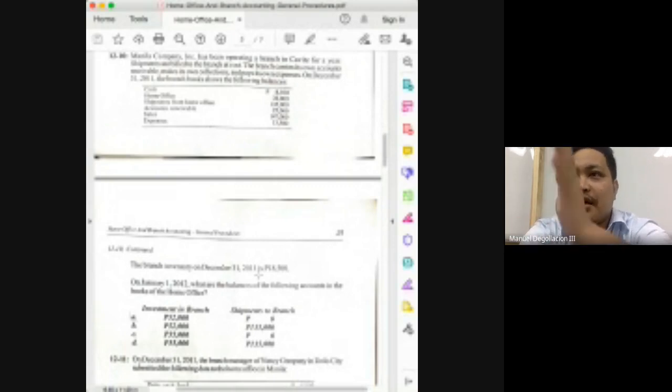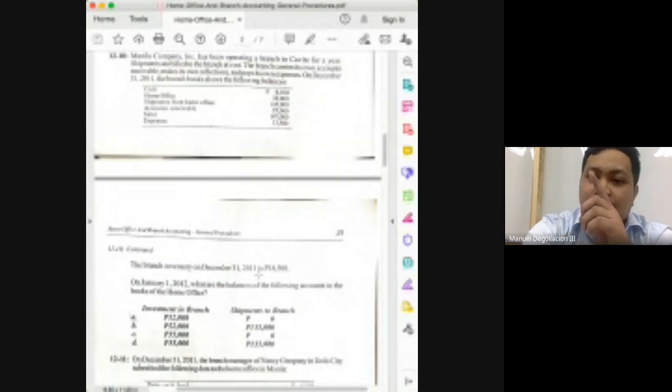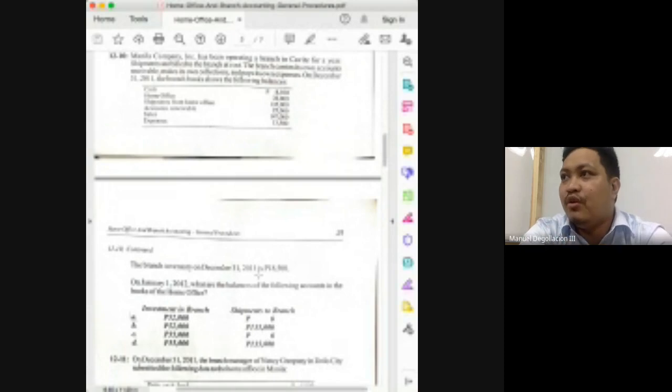Because what happens in between, class, December 31 and January 1? Closing entries will be prepared. So what could be the possible difference here? What could be the possible defect of this 35,000 balance? This 35,000 balance of the home office account still does not incorporate the profit or loss.